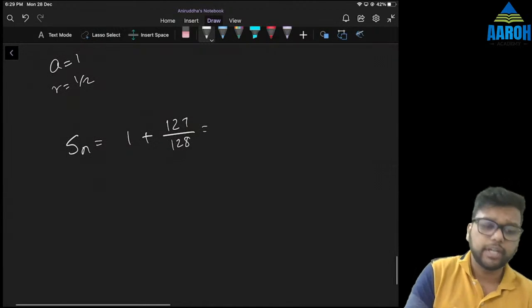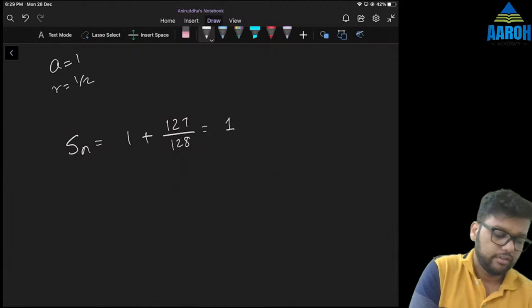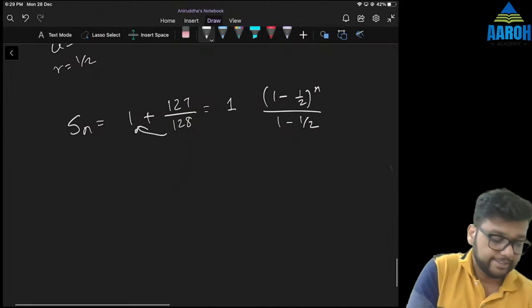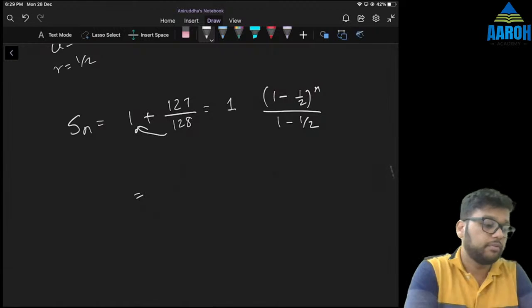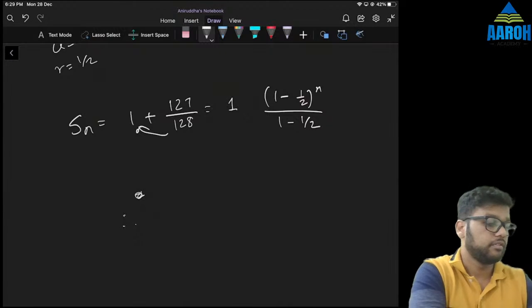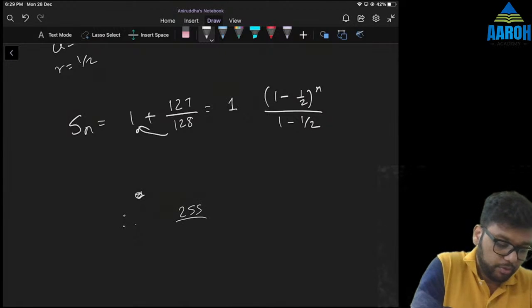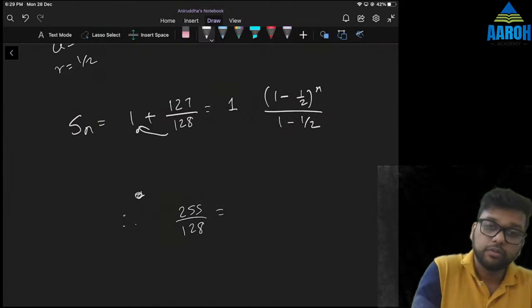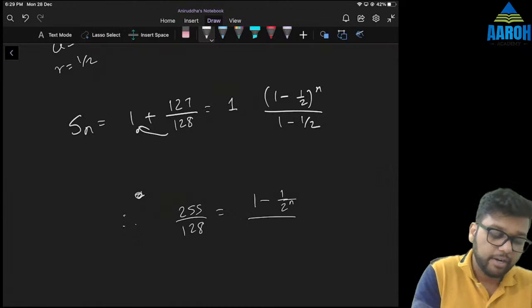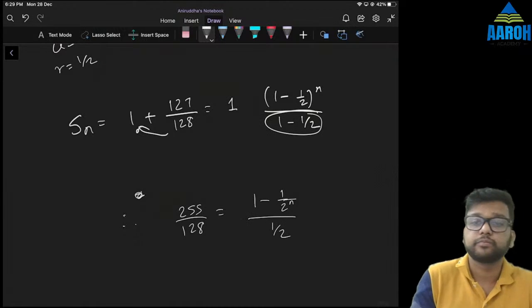Okay, we know that Sn is equal to A into 1 minus R raised to n upon 1 minus R. So let's take LCM here. 128 plus 127, that is 255 upon 128 is equal to 1 minus half raised to n, that is 1 by 2 raised to n, divided by 1 minus half is half.